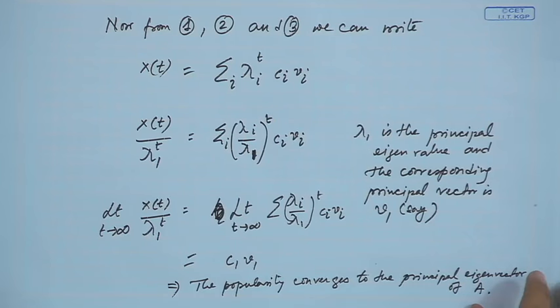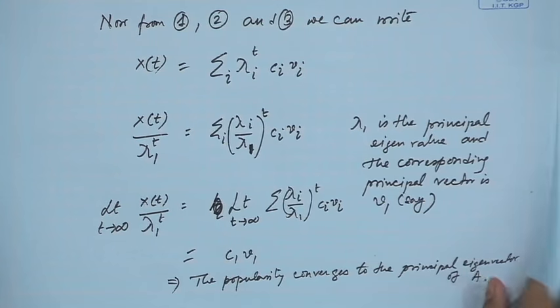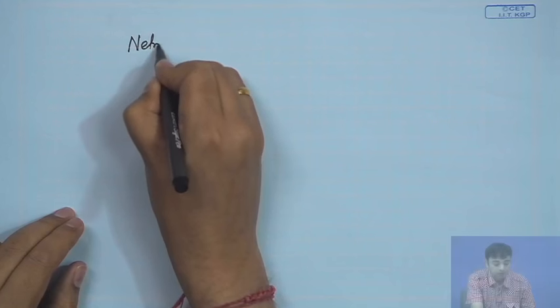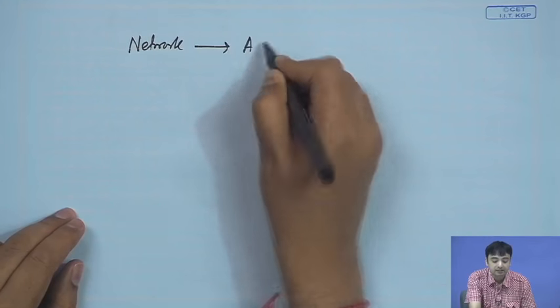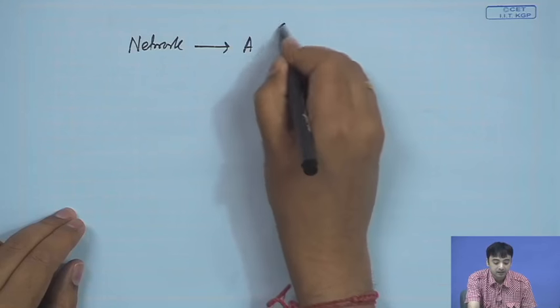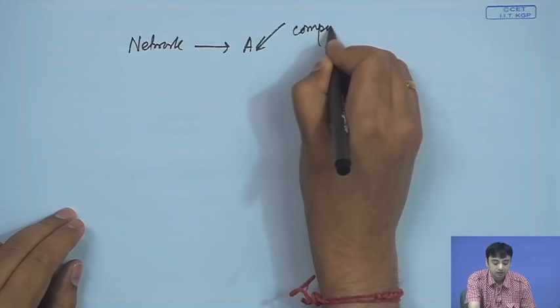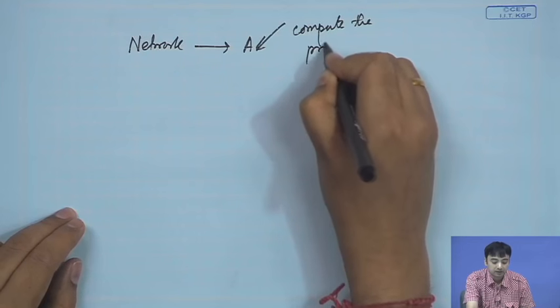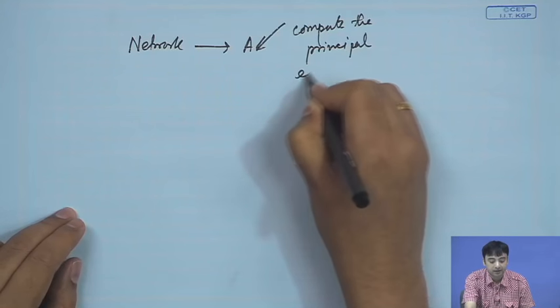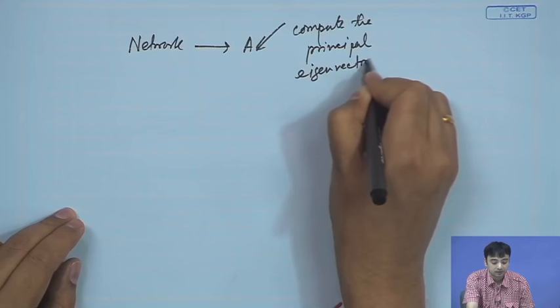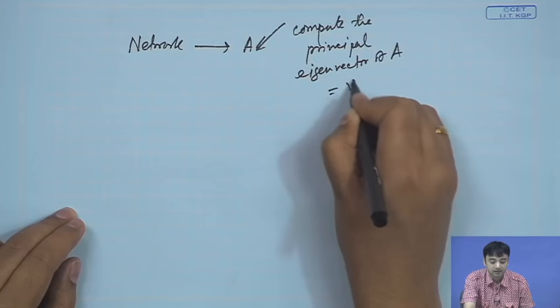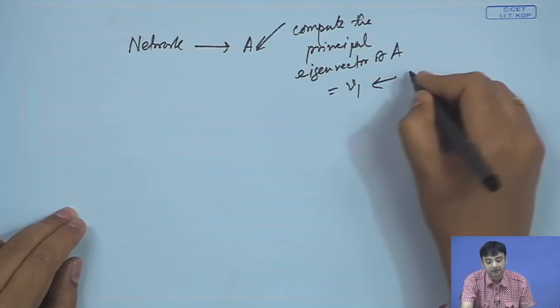So, that kind of completes the idea of eigenvector centrality. Basically, in a nutshell, what you need to remember is that if you have to compute the eigenvector centrality of a network, then for that network you have the adjacency matrix, say A, and you compute the principal eigenvector of A, say that is v1, which corresponds to the eigenvector centrality.